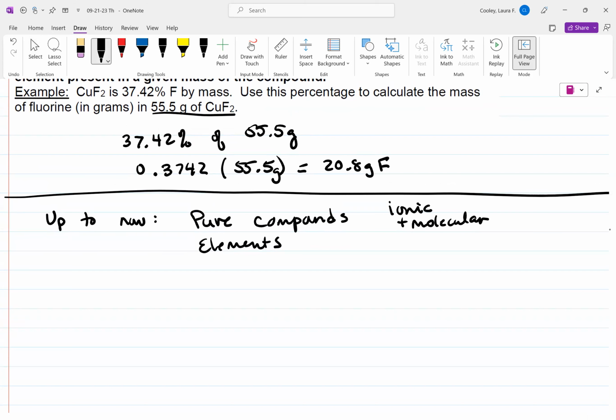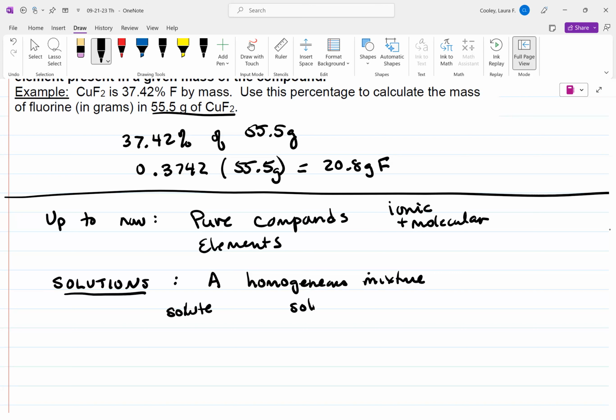And let's remember what a solution is. Does anybody remember what a solution is? How is it defined? It's a certain type of mixture. Yes, it's a homogeneous mixture. And that means that, remember what a solute is. You have a solute and you have a solvent.